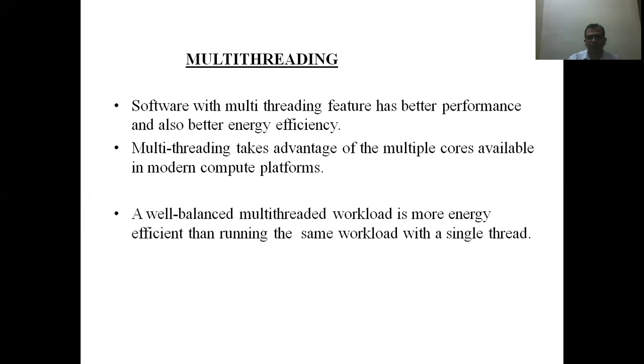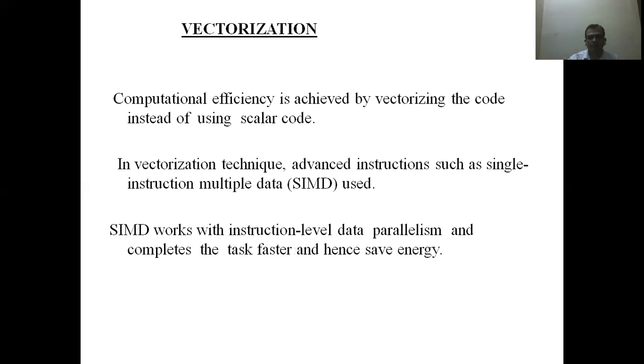A well-balanced multi-threaded workload is more energy efficient than running the same workload with a single thread. A balanced multi-threaded workload means it should not lead to deadlock. So we have to balance the threading techniques so that multiple tasks are completed within minimal time.